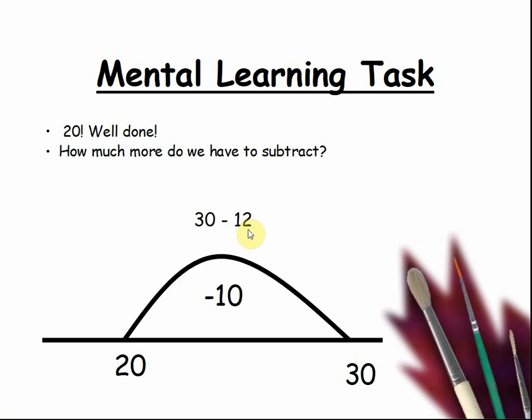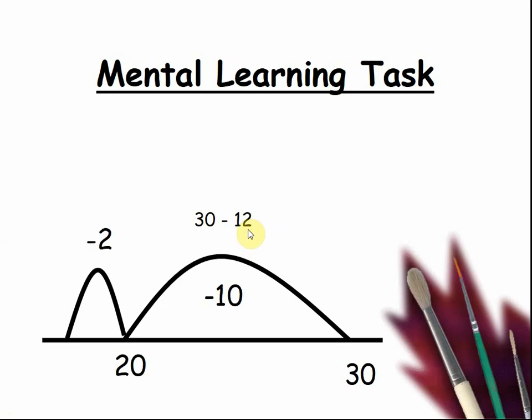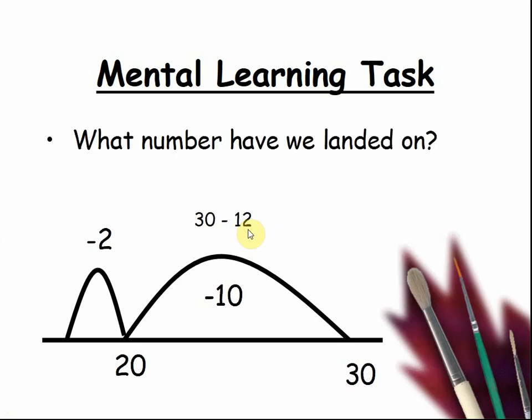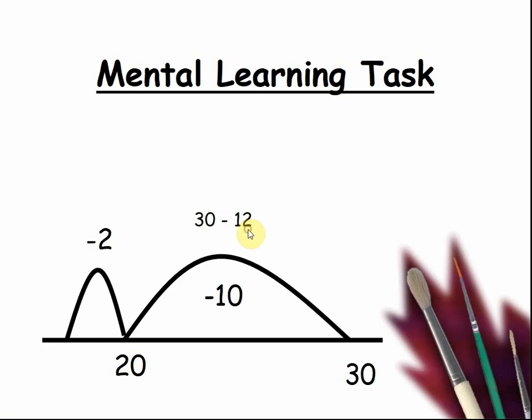We need to look at the 2, don't we? That's right, we take away 2. What number have we landed on? 20. Take away 2 is? That's right, 18. We finished on 18.